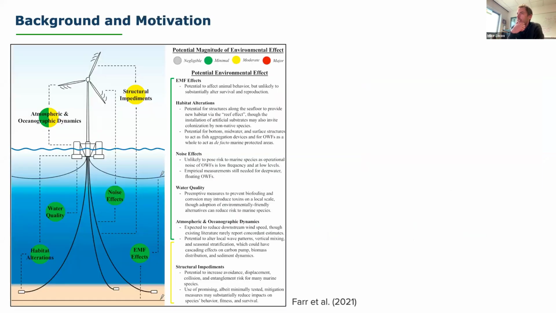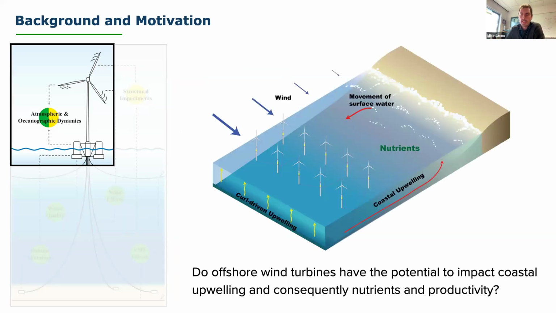Okay, so to set the stage for this study, there are, of course, lots of potential impacts of offshore wind development on the marine environment and on marine species. Here's one summary of potential effects, from physical effects through to electromagnetic fields and noise. For this study, we're focusing on this part here.